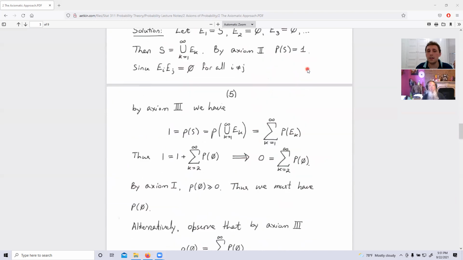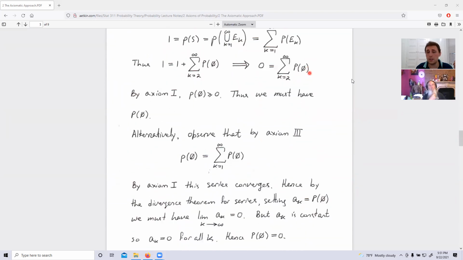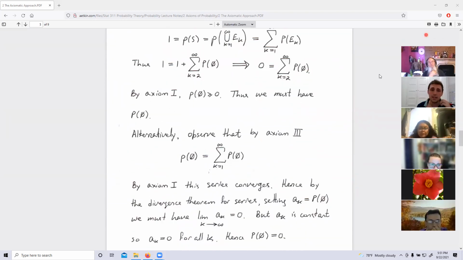And here is one quick way to understand why. Now, the empty set is, well, it's empty. So I can label E1 as the empty set, and E2 as the empty set, and E3 as the empty set, and so on. I can use axiom 3. Do you understand, guys? That the union of the empty set with itself infinitely many times forms a mutually disjoint sequence of events.